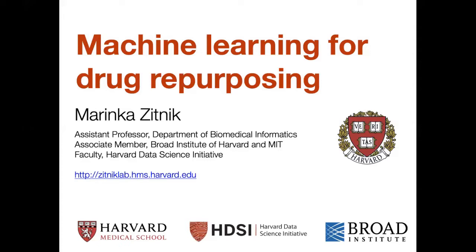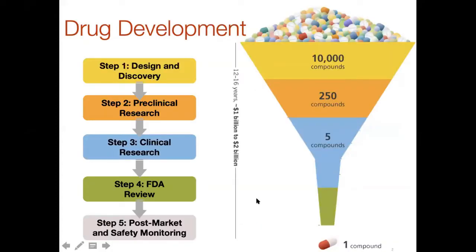So the focus will be on drug repurposing or drug development. Let me just very briefly talk about that. It has been addressed in a number of talks at the conference already, but very briefly, for the purpose of today's talk, we think of drug development as a complex, multi-year process that consists of a number of steps, and those steps act as a funnel.